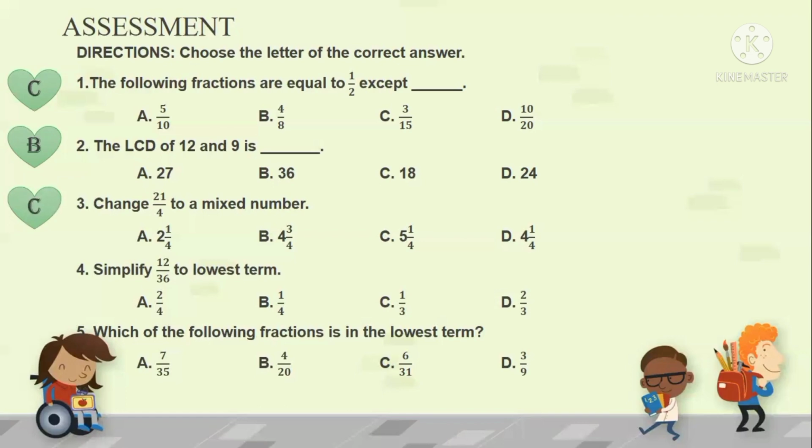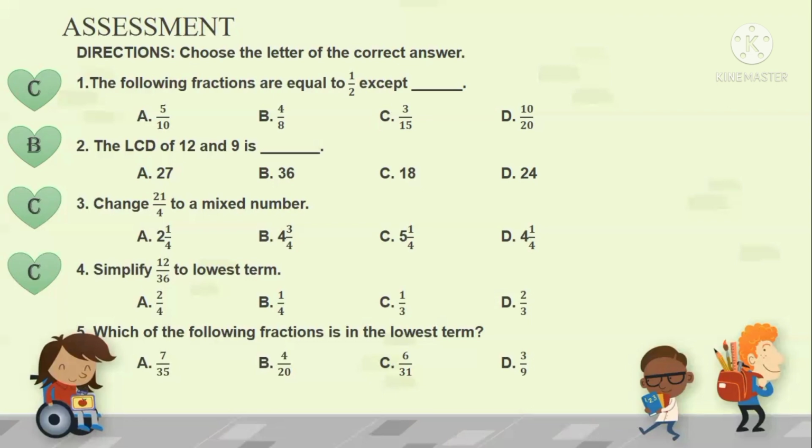Correct. Letter C. For number 4, to simplify 12/36 to lowest term, it gives us 1/3. Letter C. For number 5, which of the following fractions is in the lowest term?